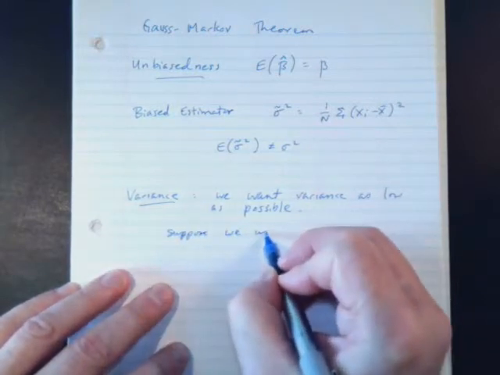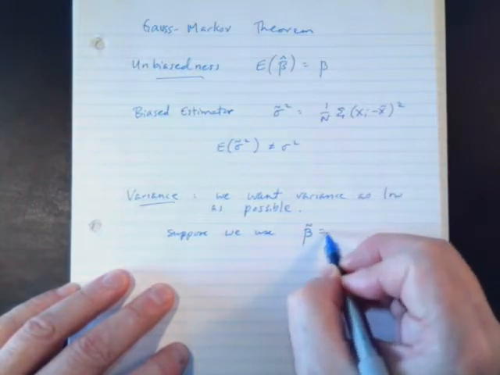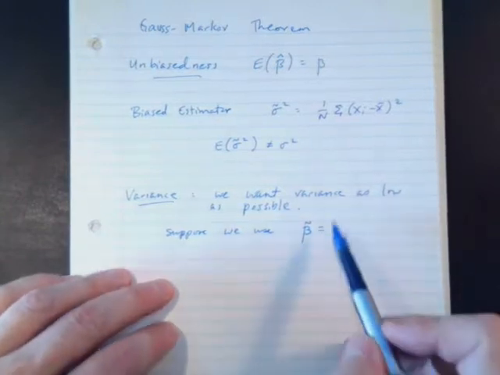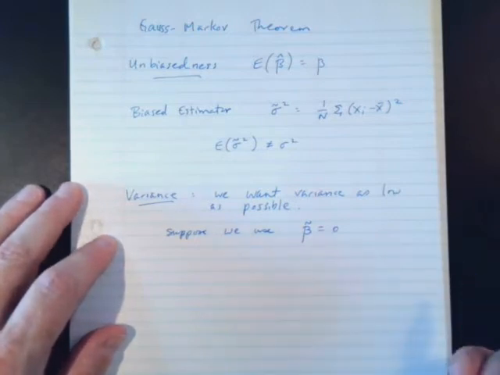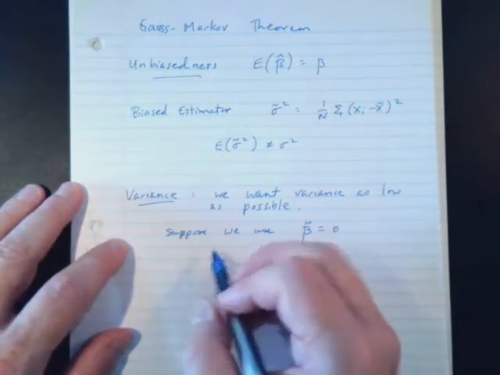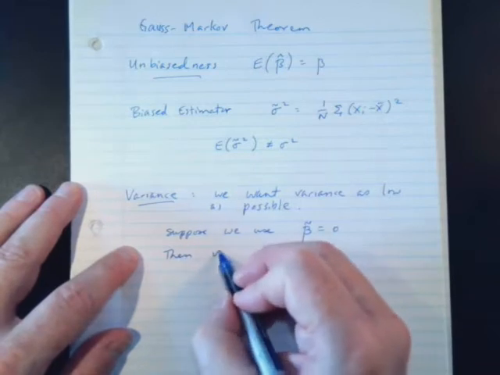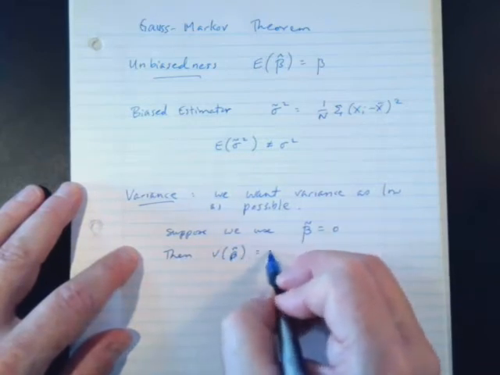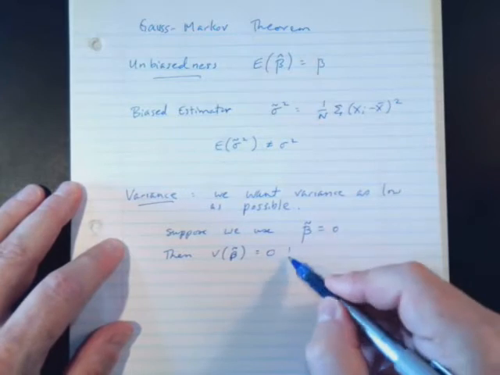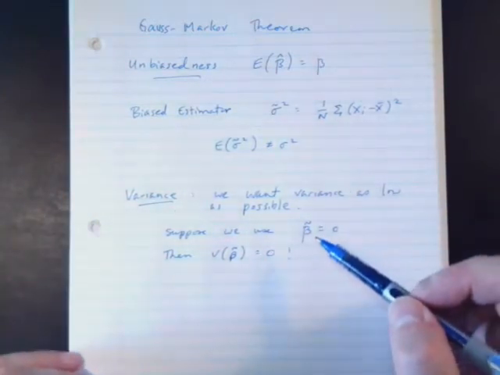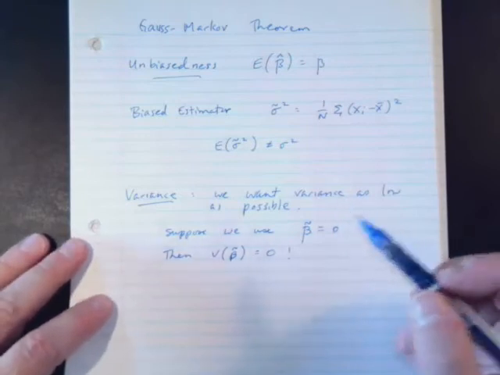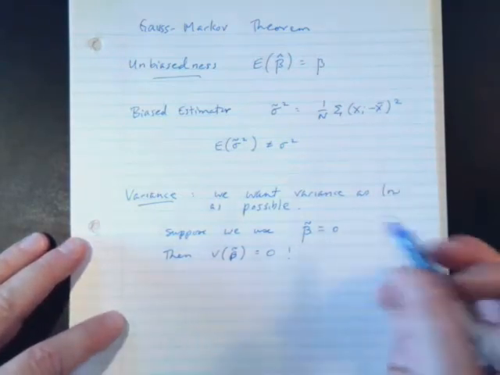Suppose we use beta tilde equals 0. Okay, that's our estimator. No matter what the data set, we're always just going to say our estimate of the slope is 0. Well, then the variance of beta tilde equals 0. So that seems to be a good property. It's got no variance, a very precise estimator. The problem is it's biased.